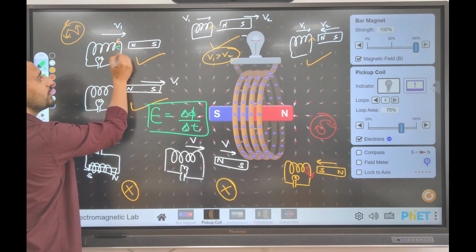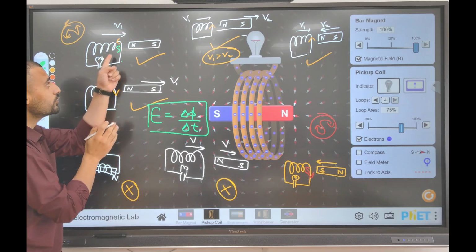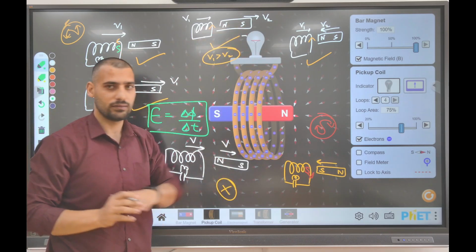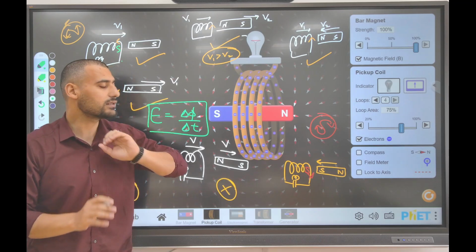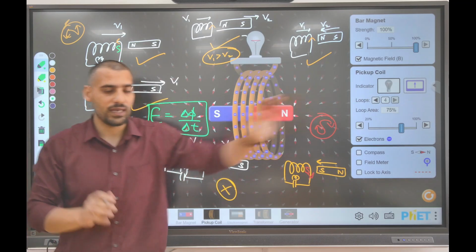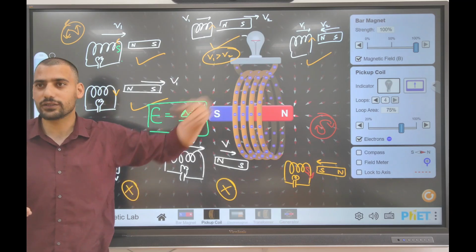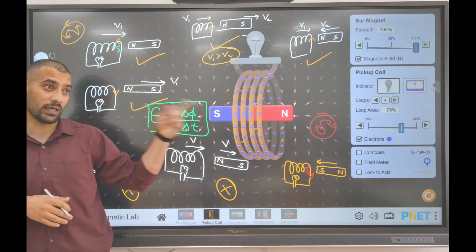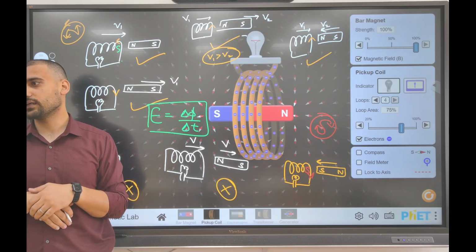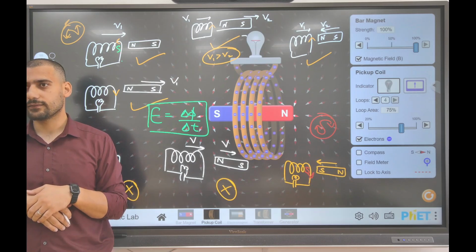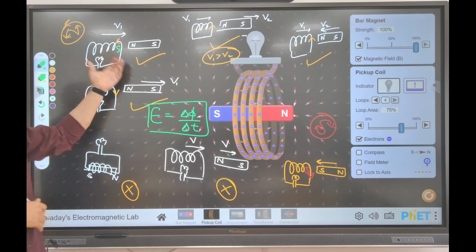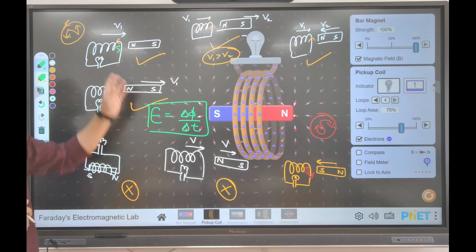It will produce a south pole, and south won't let the north go away. North going away is helping me to produce the voltage, but I'm not letting the north go away. I'm asking it to come back. Is that clear? That is Lenz's law for the direction of the EMF.